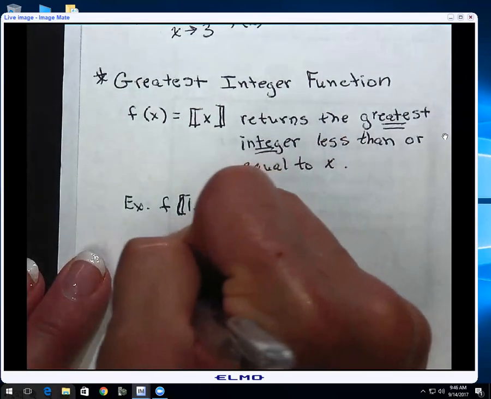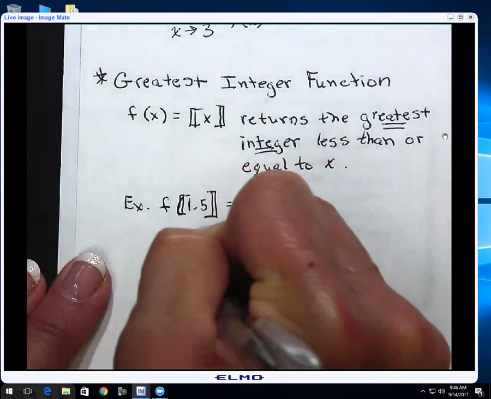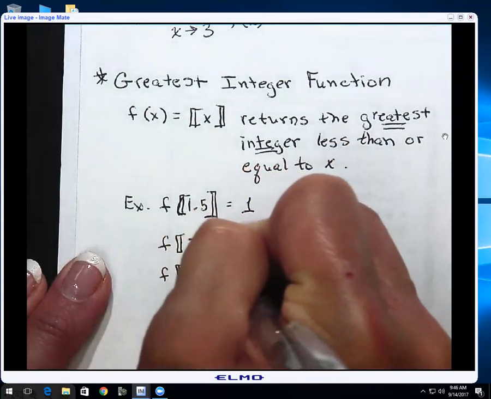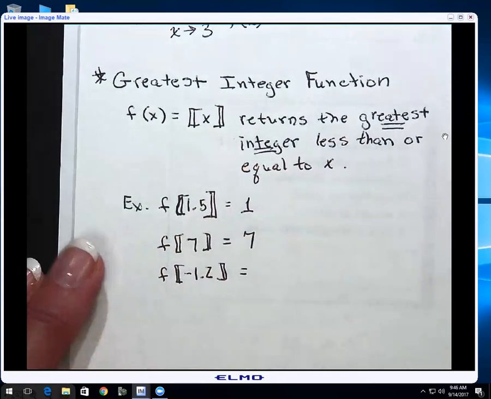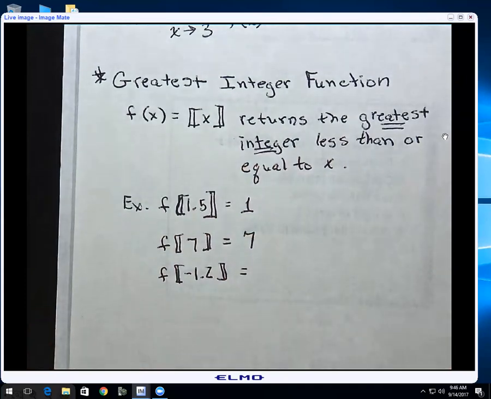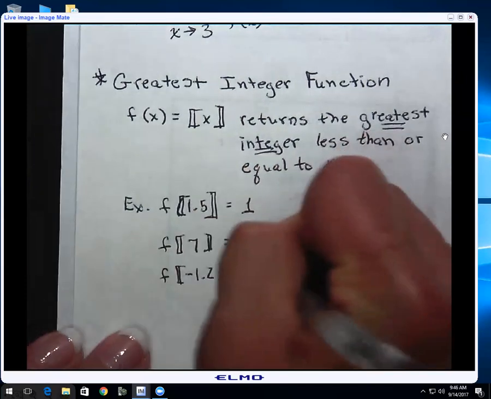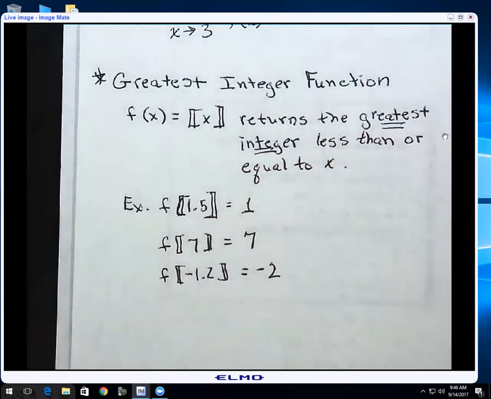If I put in a negative 1.2, what is the greatest integer less than or equal to negative 1.2? Yes, somebody said negative 2. Good. You have to think on the number line, what's the first integer equal to or to the left of whatever number I put in there. It has the craziest graph ever.